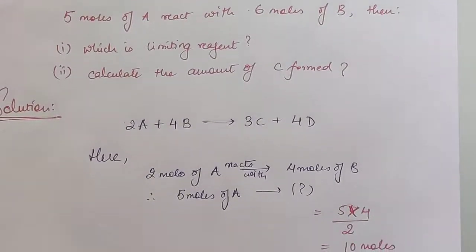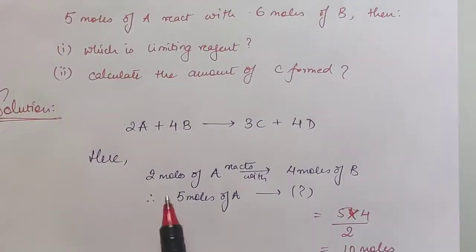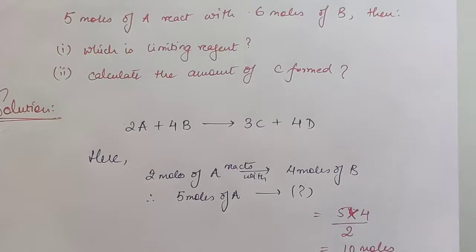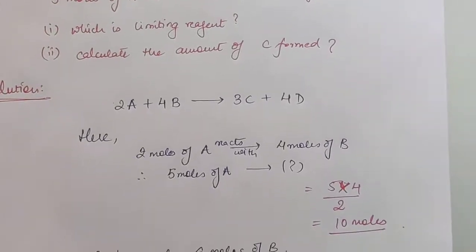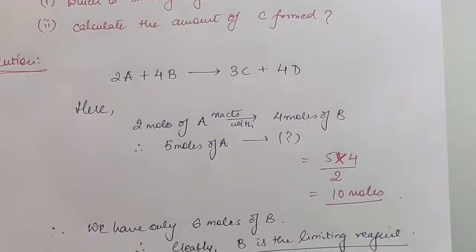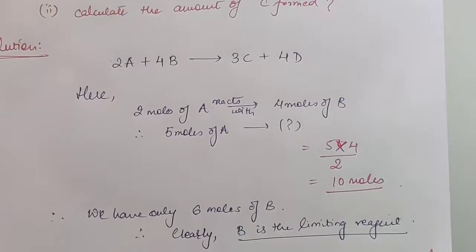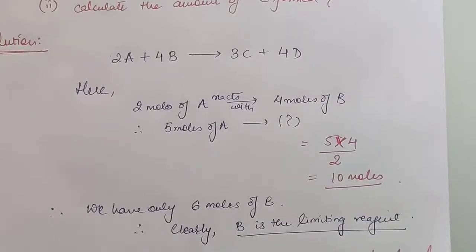Can you see over here, all of you? 2 moles of A reacts with 4 moles of B. How much is asked in the question? How much B will 5 moles of A need? So again the same unitary method, students, 5 into 4 divided by 2, which is equal to 10 moles. That means 5 moles of A will need 10 moles of B, right? But how much is given to us in the question, students? 6 moles. So we have only 6 moles of B and therefore B is the limiting reagent.